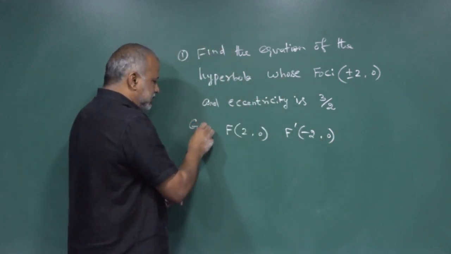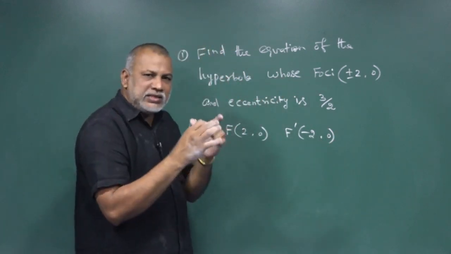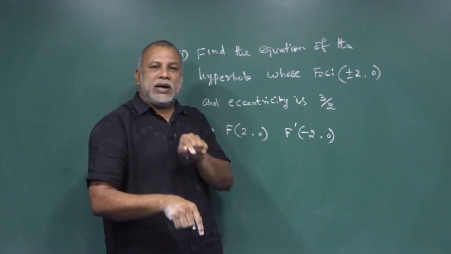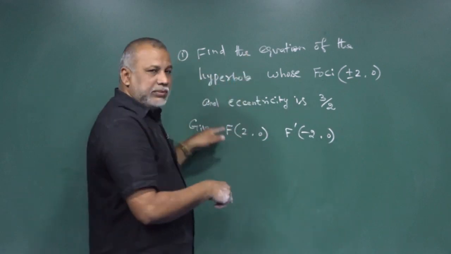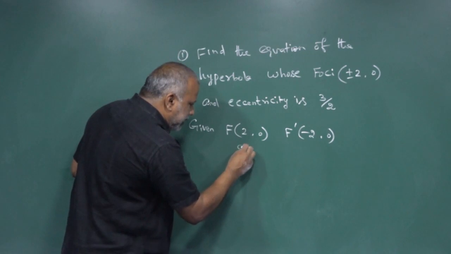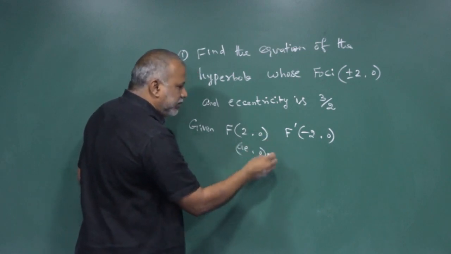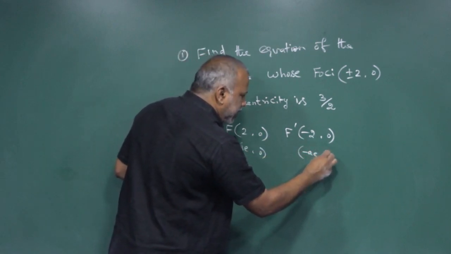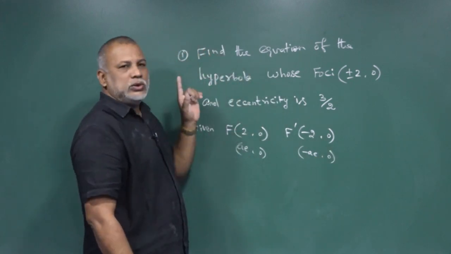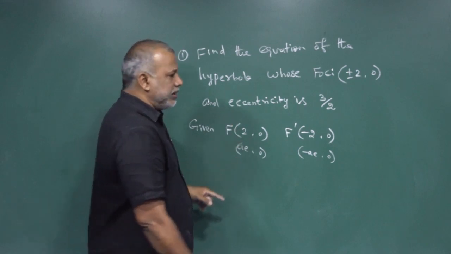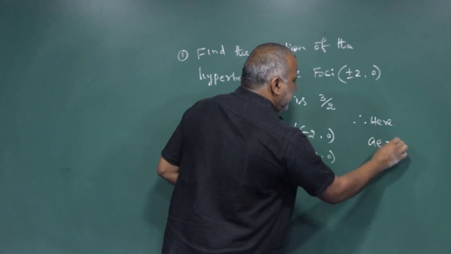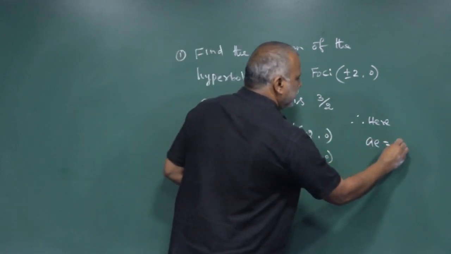By the basic formula, foci are denoted by (AE, 0) and (minus AE, 0). In the table sums, for type number 1, the focus is generally denoted by (AE, 0) and the other by (minus AE, 0). So comparing with this, AE equal to 2.